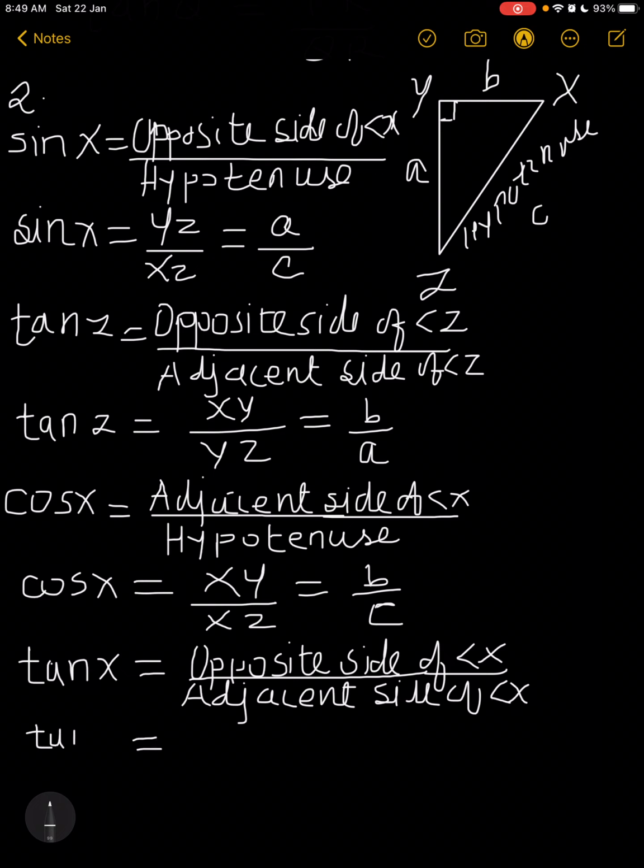Now for tan of x, first I will search for the opposite side of angle x, it is YZ. The adjacent side of angle x is XY. Now YZ is a in length and XY is b in length. Class, we have completed all 4 ratios of question number 2.